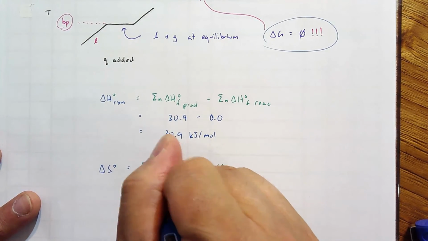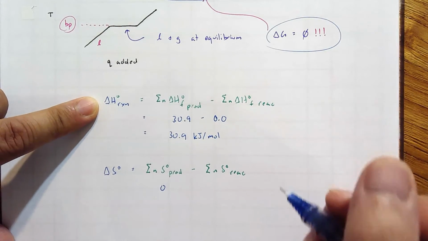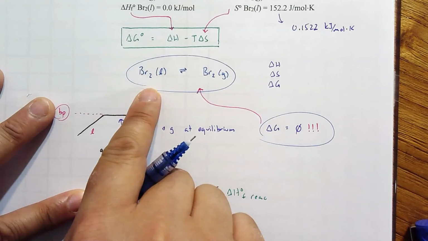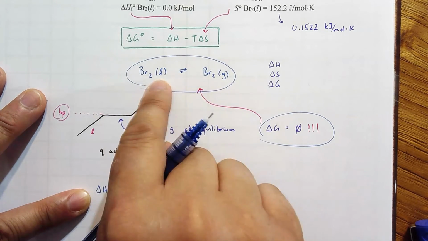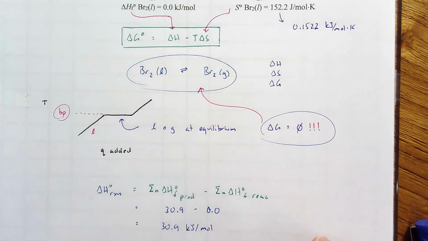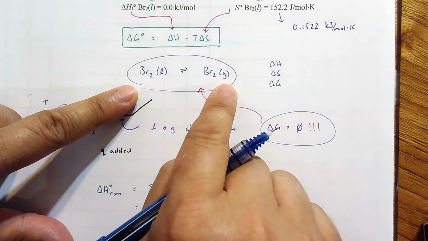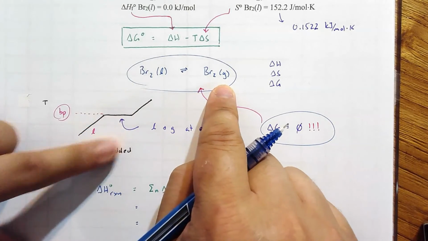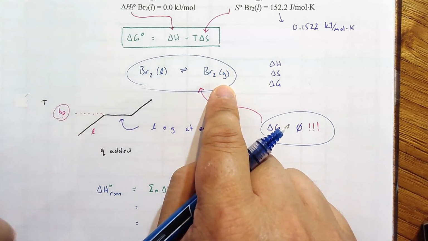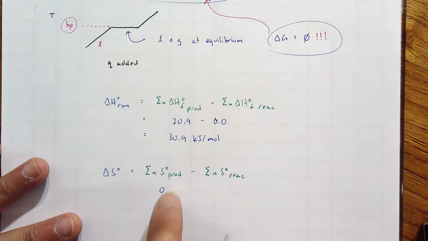Delta H already we can see is endothermic, but that makes sense because we are adding heat, adding enthalpy to make it from liquid to gas. We expect entropy to be what? When you go from liquid to gas with the same number of moles, the gas has more chaos, more disorder, so we expect delta S to be positive.